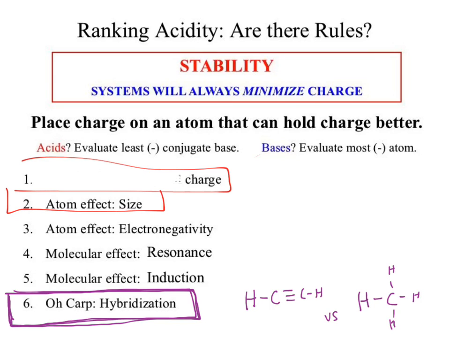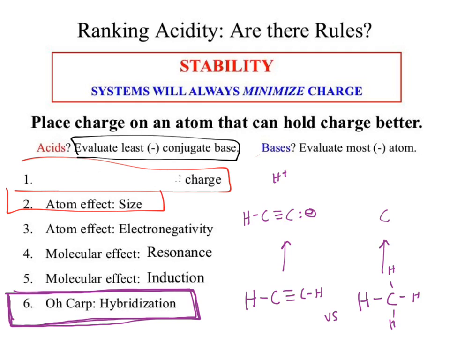If we were to compare acidity between these two structures, what do we need to do? Draw the conjugate base. So if we draw the conjugate base, draw this conjugate base.